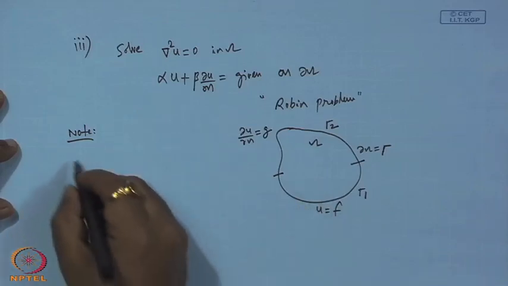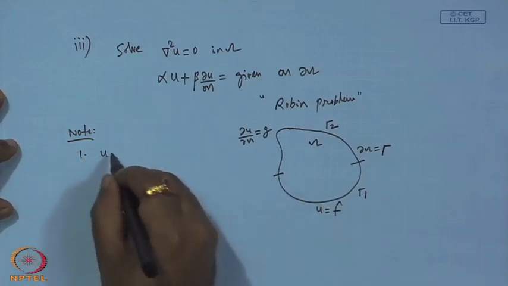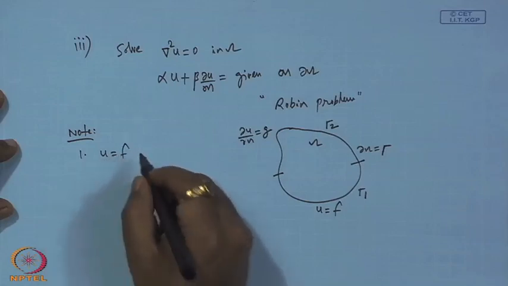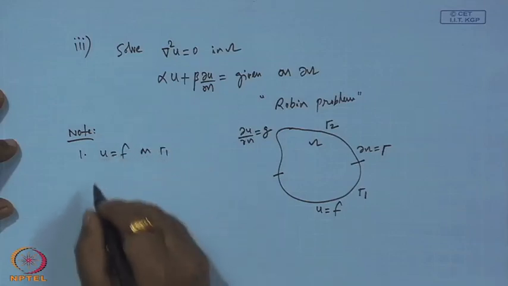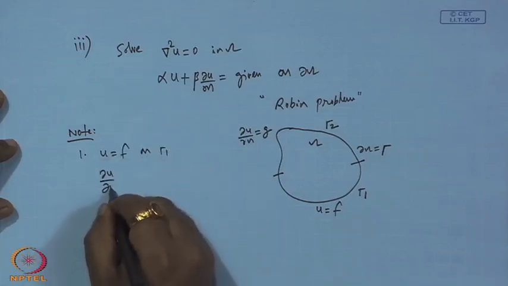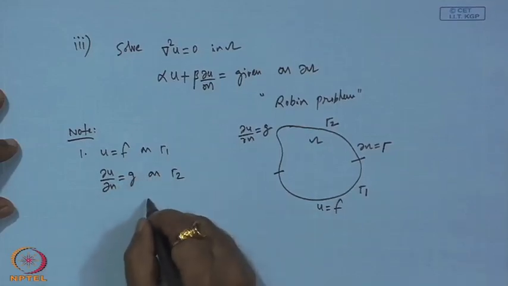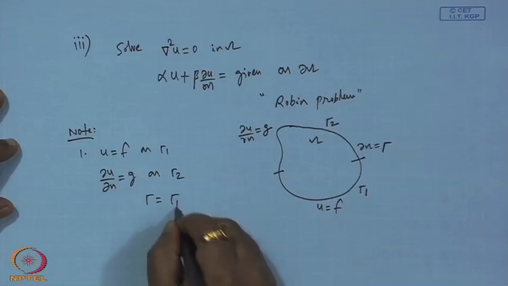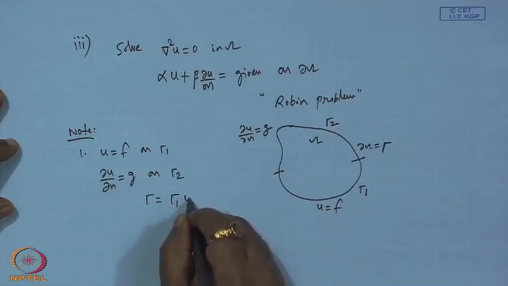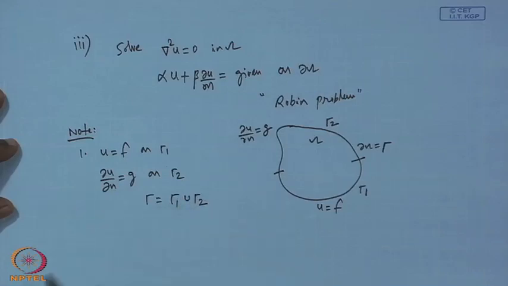That means u equals f on gamma 1 and g on gamma 2. So, this is very much possible.